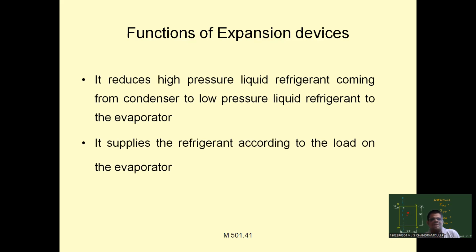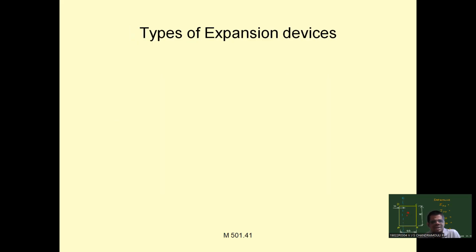Also, it supplies the refrigerant according to the load on the evaporator. The load on the evaporator may fluctuate depending upon the weather conditions or other things. So according to the load, it regulates the quantity of refrigerant which is moving into the evaporator.